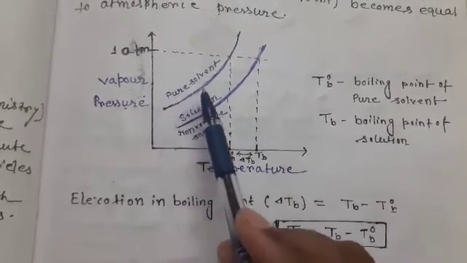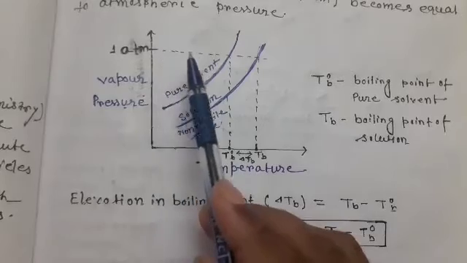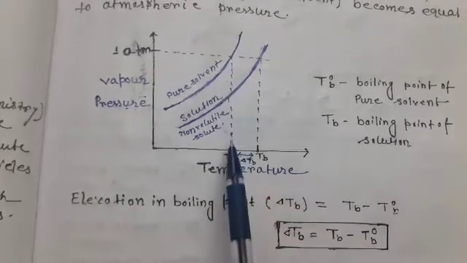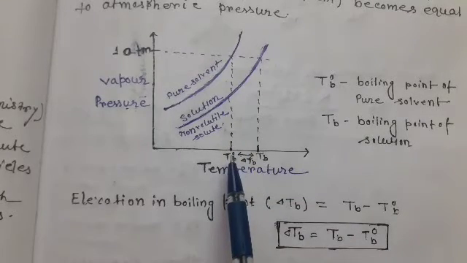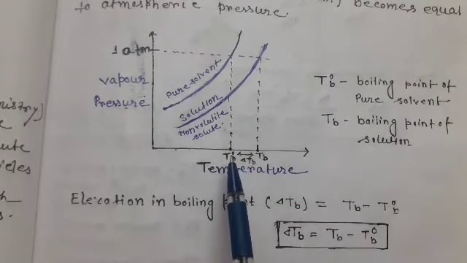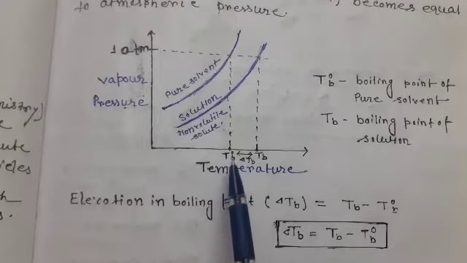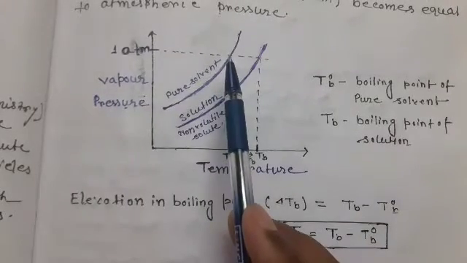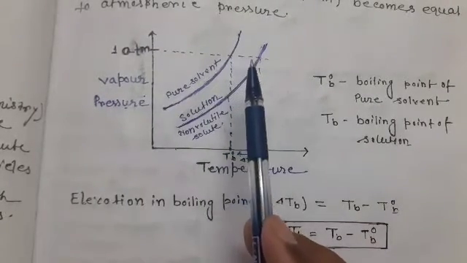Here the pure solvent vapor pressure graph and atmospheric pressure become equal at this point, and this temperature is denoted as the boiling point of pure solvent, because here the atmospheric pressure and vapor pressure become equal.